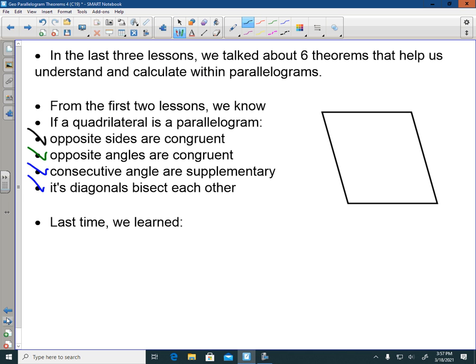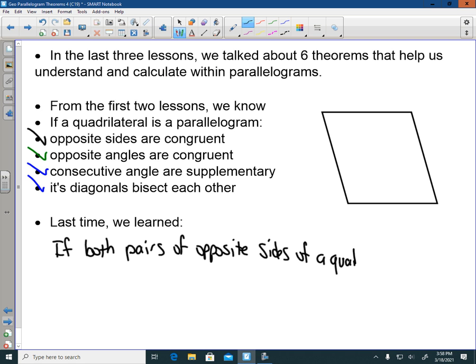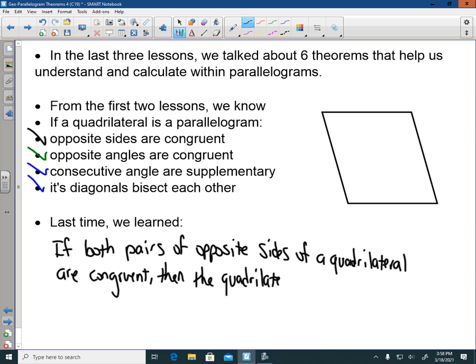And we learned that if both pairs of opposite sides of a quadrilateral are congruent, then the quadrilateral is a parallelogram.